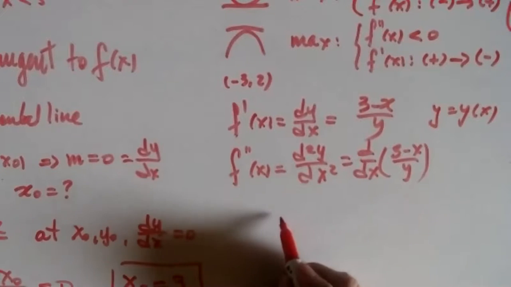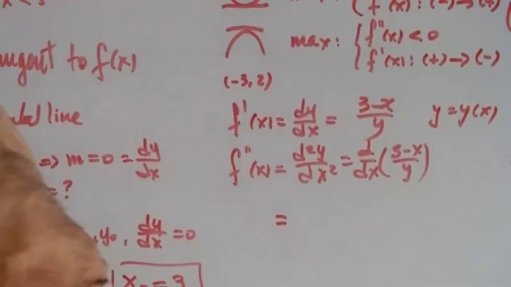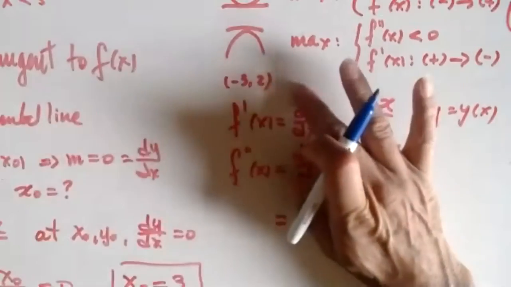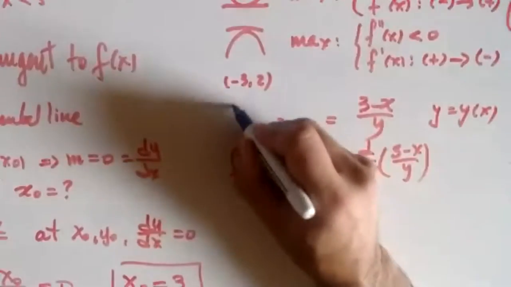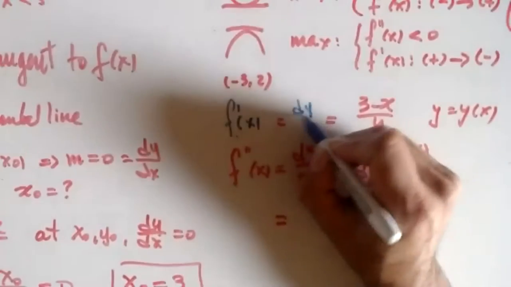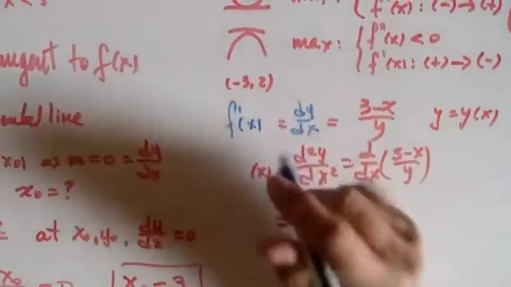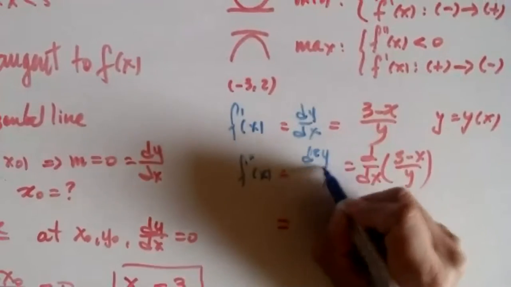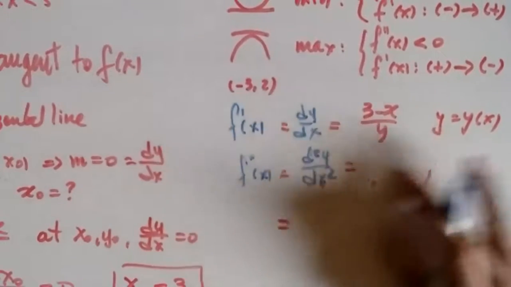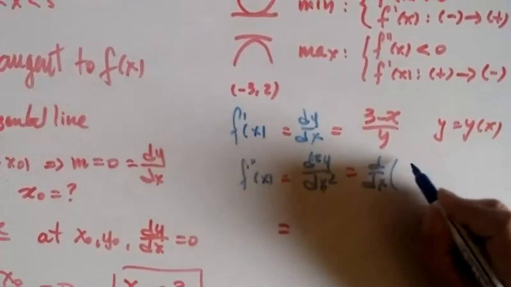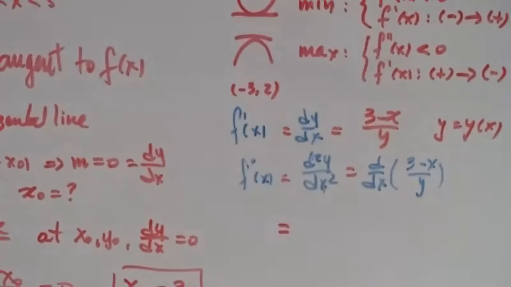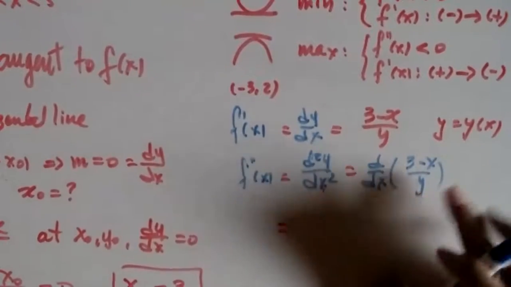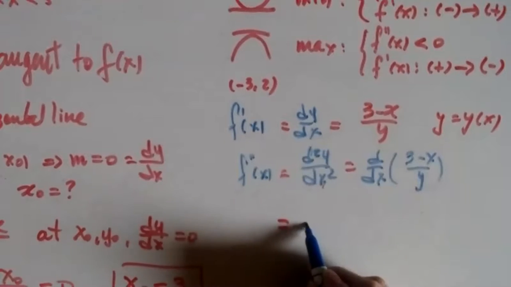So this is a quotient. So this is going to be, now this is the calculus, right? Let me just put here the calculus. f prime of x, dy/dx, f double prime of x. Since this is a function of x, I'm going to use the quotient rule.